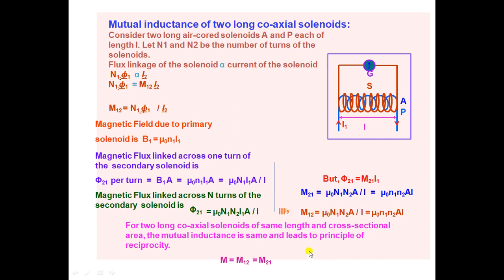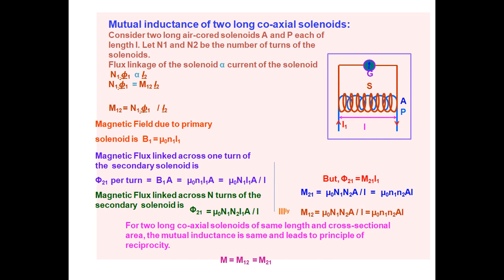Here M12 and M21, both are having equal expression. So therefore, for two long coaxial solenoids of same length and same cross-sectional area, the mutual inductance is same and leads to the principle of reciprocity. So M is equal to M12 and that is equal to M21.